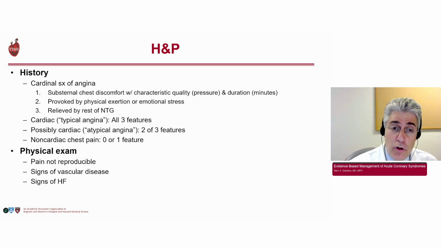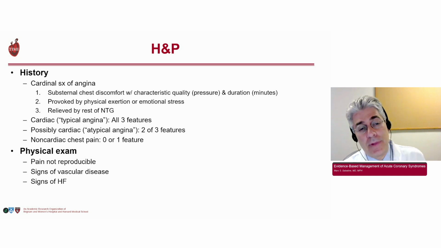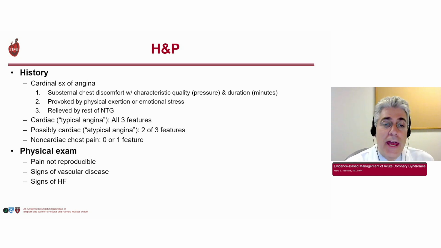It's typically provoked by exertion, either physical exertion or emotional stress, and then often is relieved by rest or nitroglycerin. Patients who have all 3 of those features have what's called cardiac chest pain, or previously called typical angina. Possibly cardiac chest pain, or atypical angina, would be 2 of the 3 features. If they have only 0 or 1, then we call it non-cardiac chest pain.